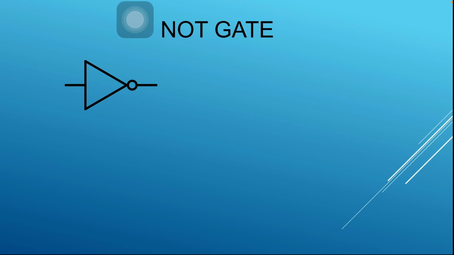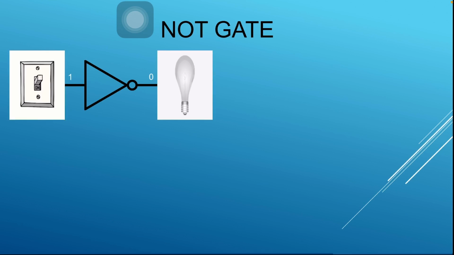So I will show you some examples of the NOT gate and how it works. The first example: if we put the input as 1, then the output will be 0.